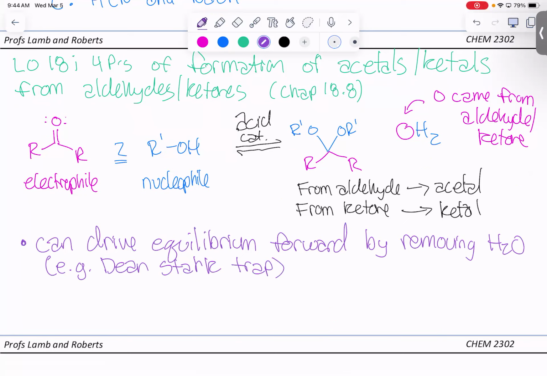Okay, you can remove water in other ways as well, from a Dean-Stark trap, for example, or other Fischer esterification conditions. You can look back, we could add more of either of our starting materials. Right, anything that goes with equilibrium is gonna work for us here.